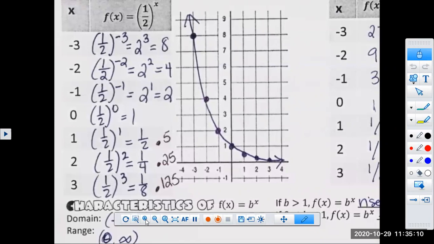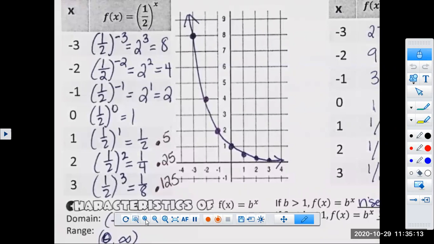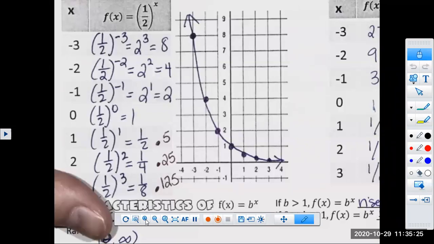Okay, if you have a graphing calculator, get it out. Go to your y equals area.